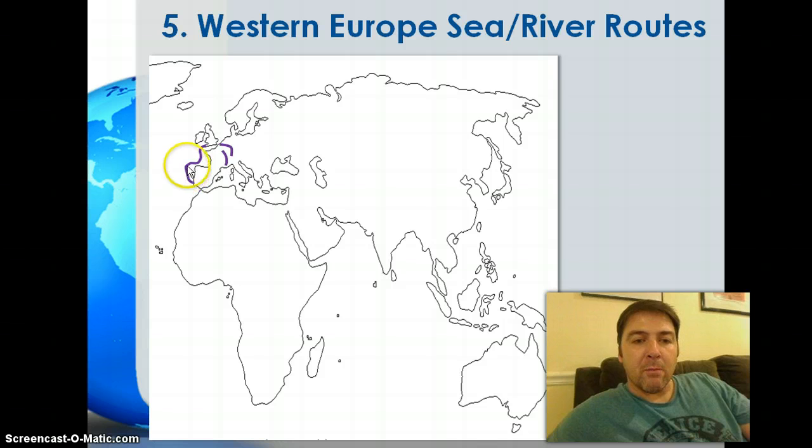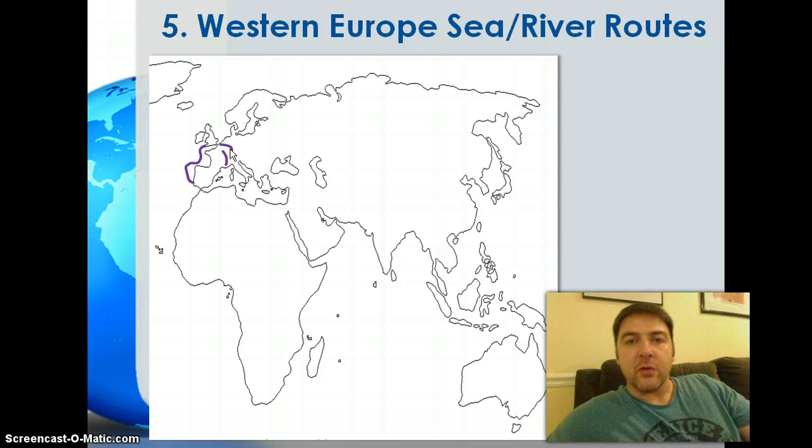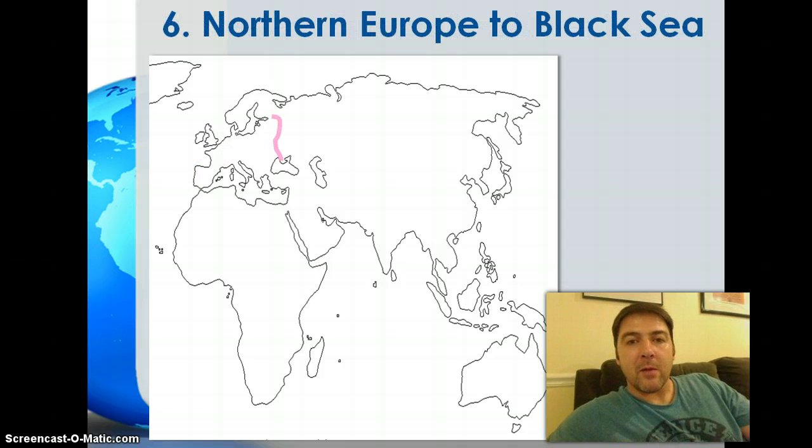So we see the purple lines here indicating some of the routes here, some of the inland rivers. Again, it's usually easier over long distance if it's possible to move by boat as opposed to by land. And in Western Europe, it was the river and the sea that most trade was done along.